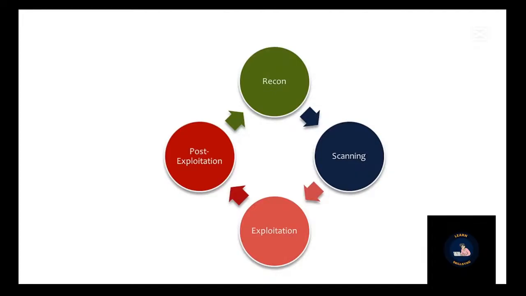The first phase is the reconnaissance phase. Reconnaissance is where you start collecting or gathering information about your victim, and this should be passive information. We're going to explain exactly what passive information is.